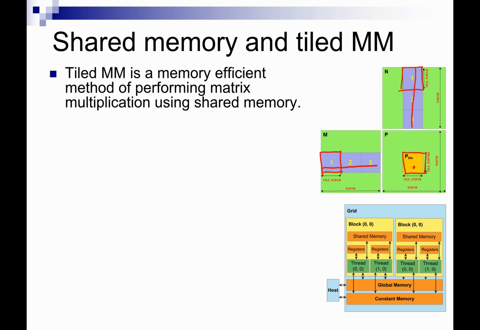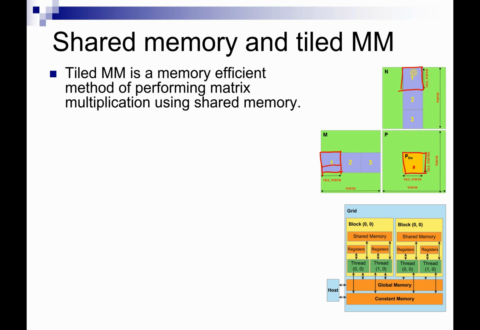So our computation is going to proceed in phases. In the first phase, we're going to load this 1 tile from M and N from global memory into shared memory, and the threads are going to do some computation on this tile.